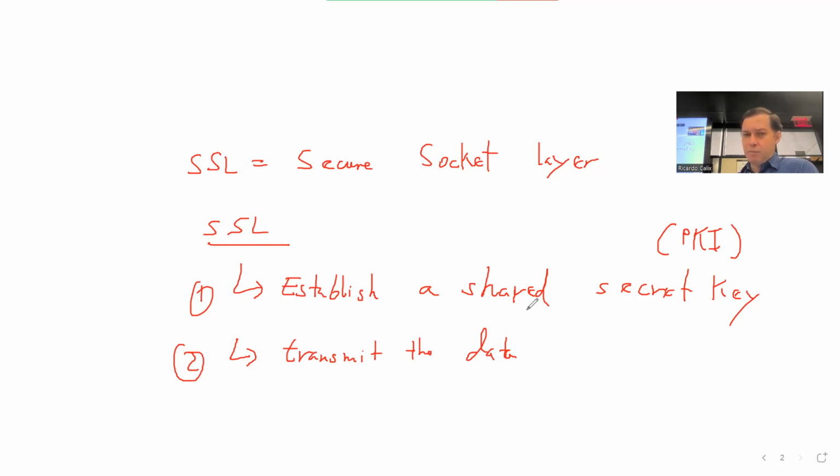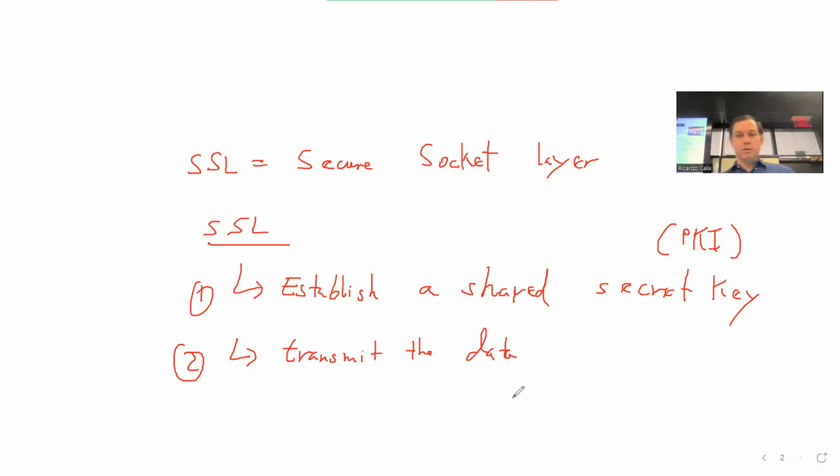The key itself is secret. Once we've established a shared secret key, then it's easy. Once you do that, you start to transmit the data with that secret key. Does that make sense, guys? This is the thing that you were doing before.